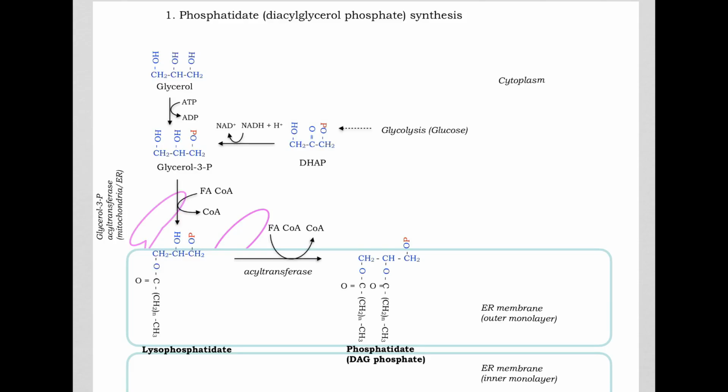In the next step, another enzyme, acyltransferase, that's embedded in the ER membrane, adds another fatty acid, this time to the middle carbon here. So now we have another fatty acid attached, and this gives us this product called phosphatidic acid or phosphatidate, also called diacylglycerol phosphate. Okay, diacyl, 2 fatty acids, glycerol phosphate.